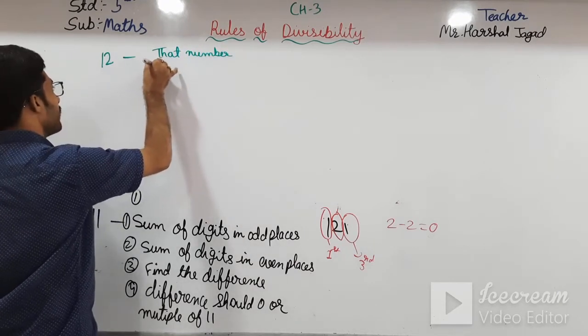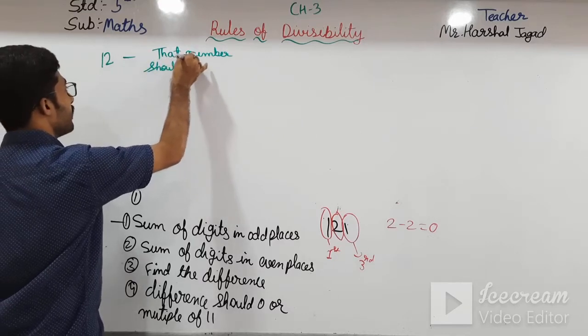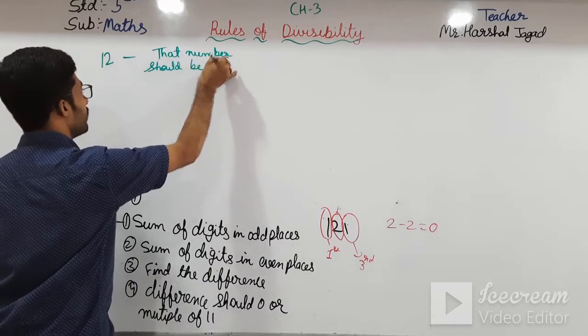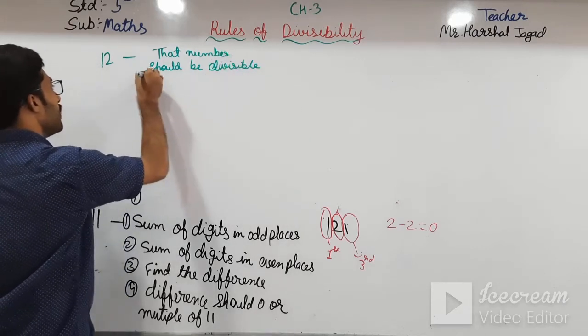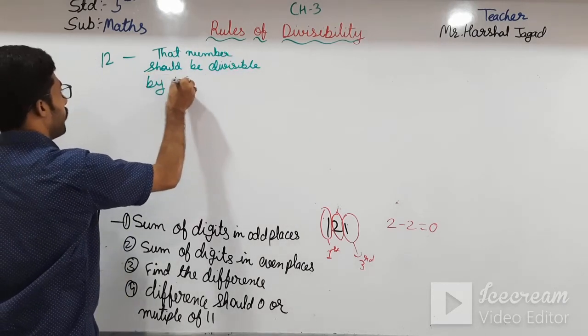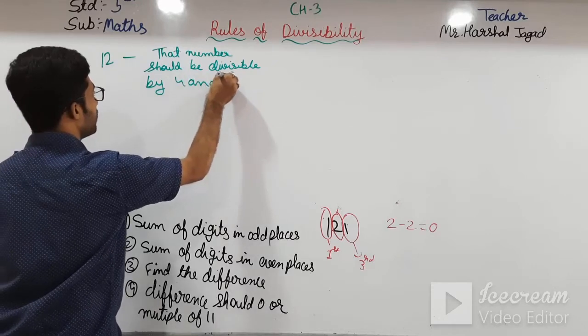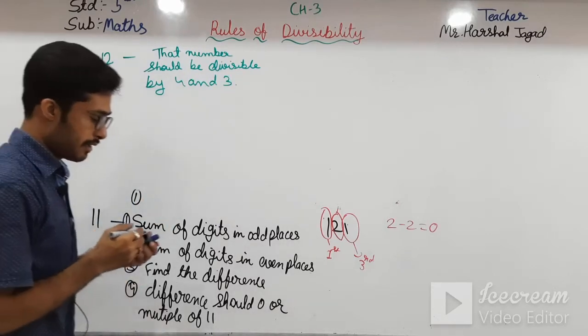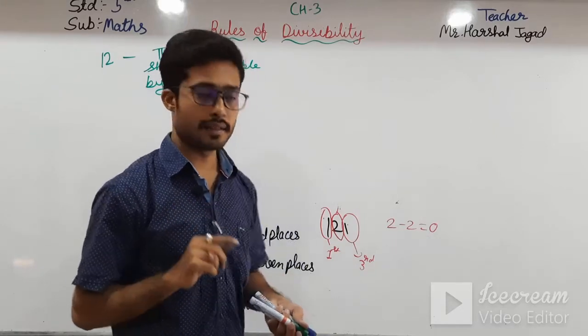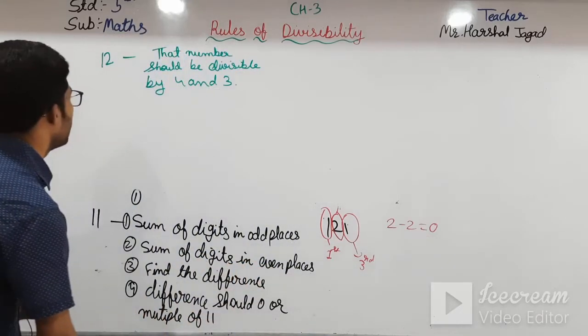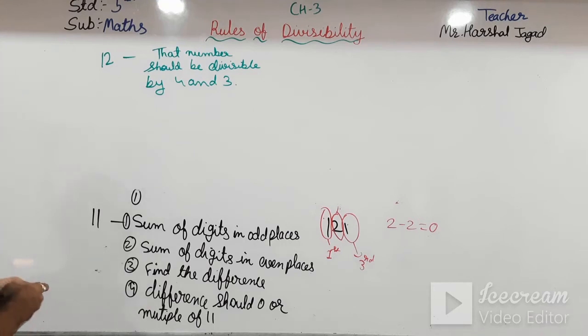That number should be divisible by 4 and 3. Okay students, then that number is divisible by 12.